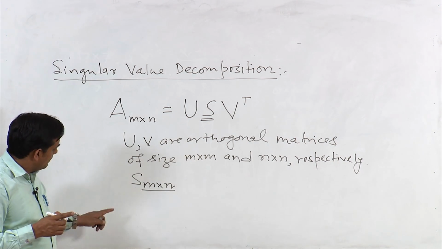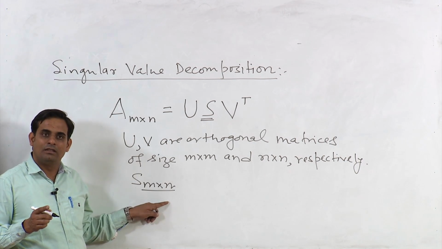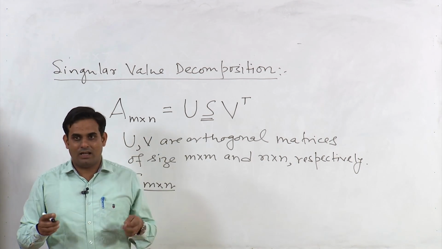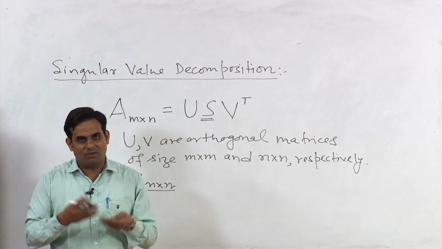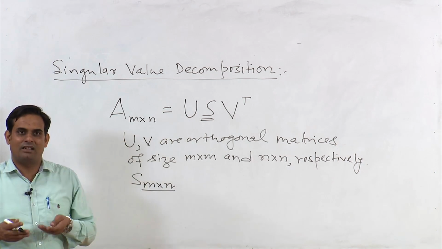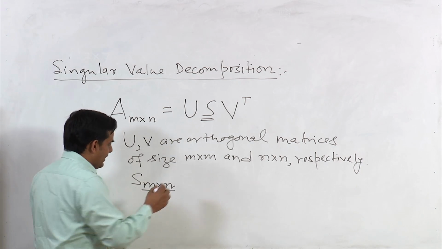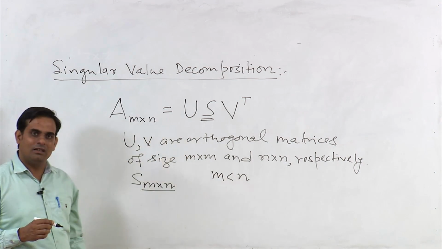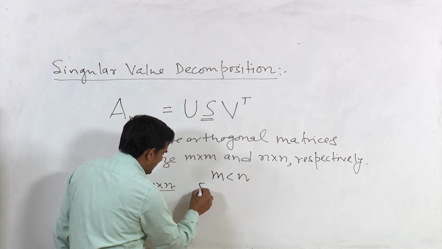Since it is of size m by n, saying off diagonal is a bit odd, because for a rectangular matrix how do you decide the diagonal. If m is less than n, the matrix will be like this.